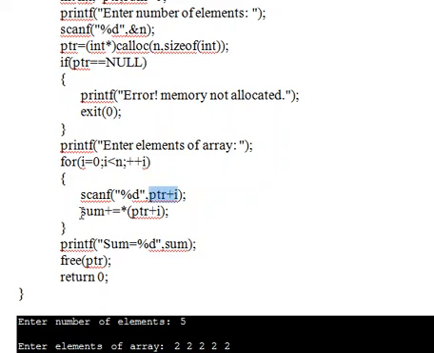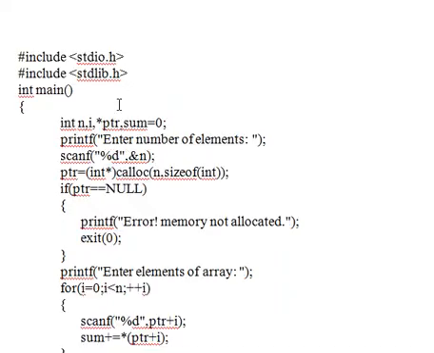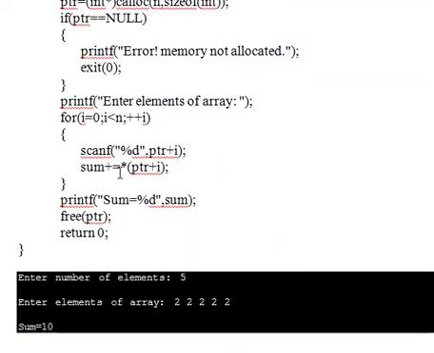Next, sum plus equal to star ptr plus i, that means sum equal sum plus star ptr plus i. Initially sum value is 0. So sum equal to 0 plus star ptr plus i, star base address plus 0 into 2, that equal to star base address only.